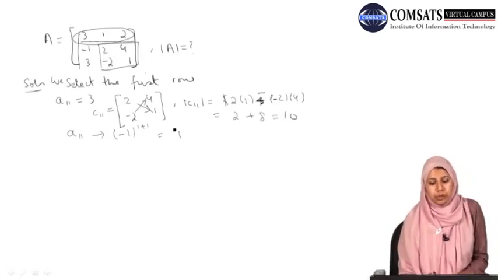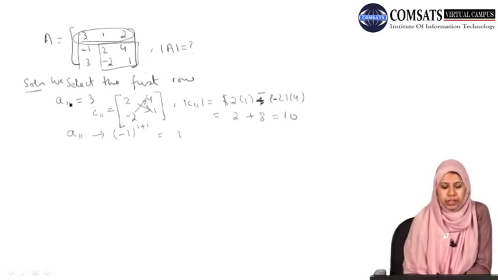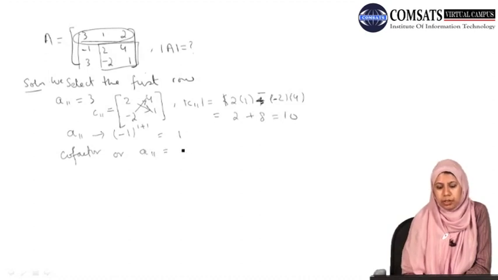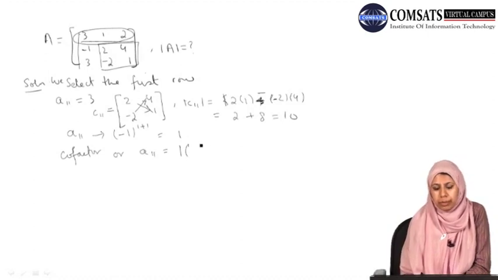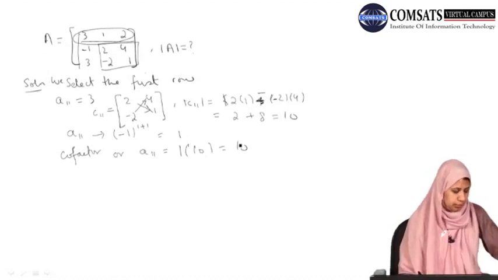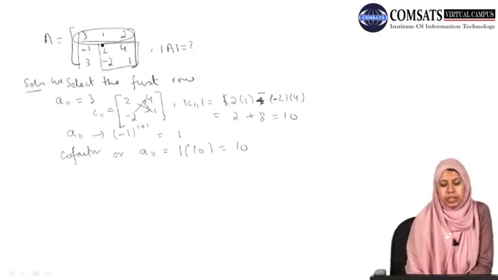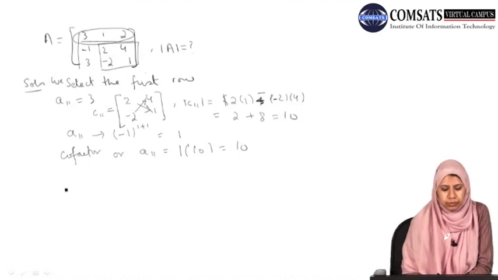So we have found the cofactor of this entry A11, that is, the cofactor of entry A11 is the product of the number associated with it with the minor, that is, the cofactor is 10.